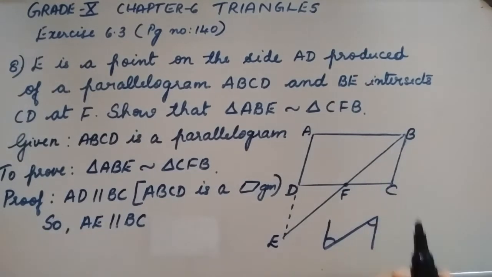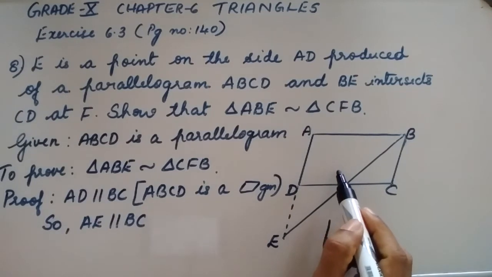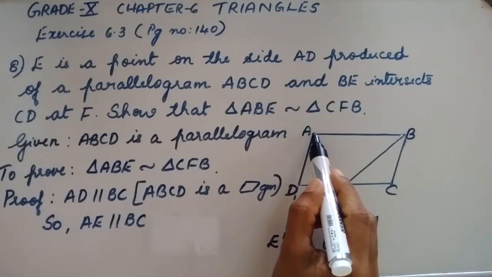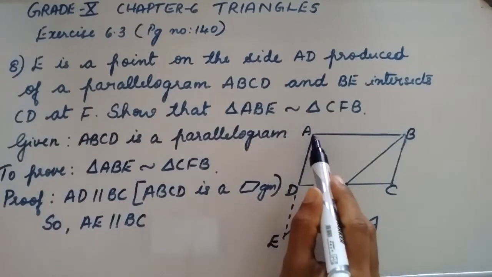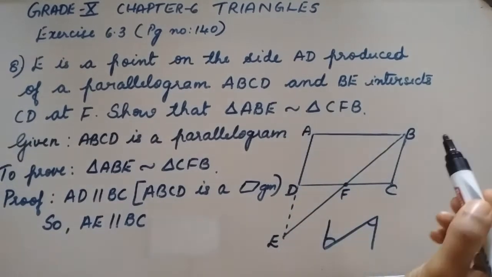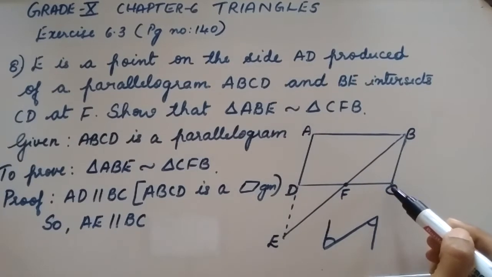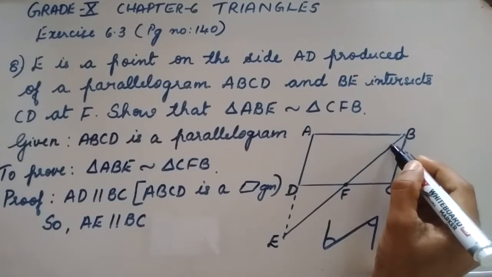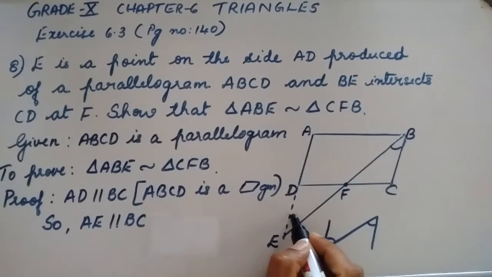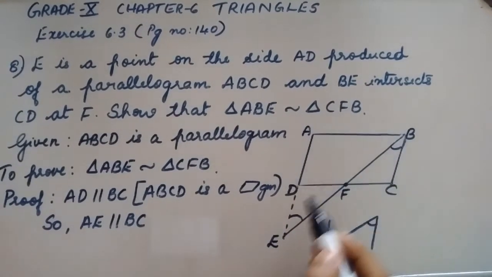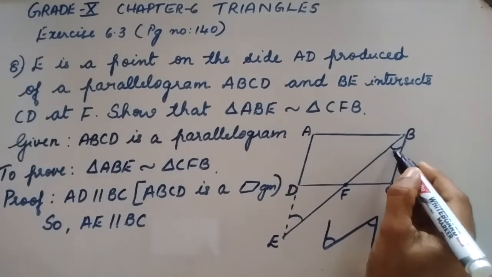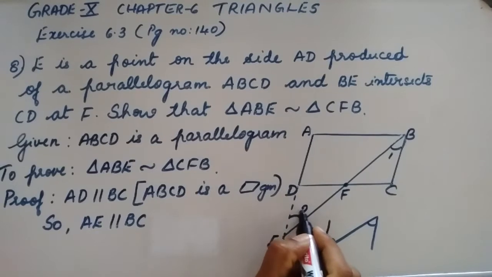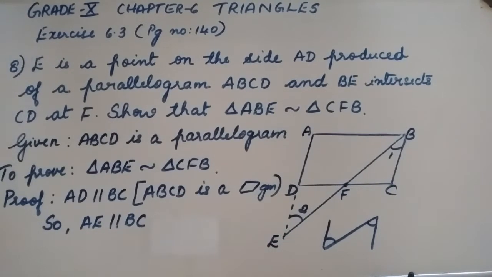Now look here. In this figure, we have AE parallel to BC, and the alternate angles produced are this and this. So these angles are equal. That is, let me name these angles as angle 1 and angle 2.